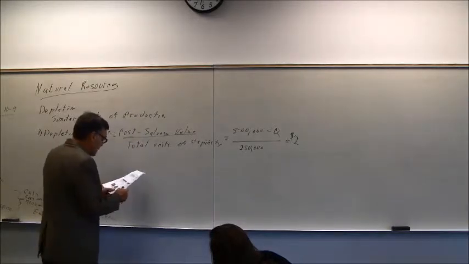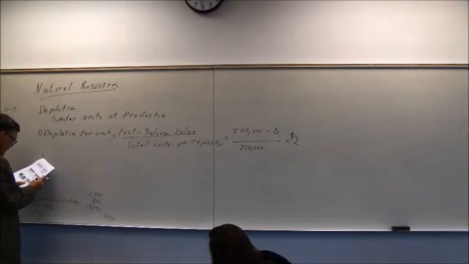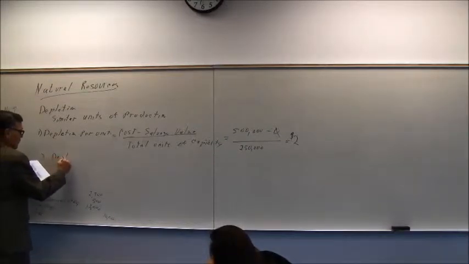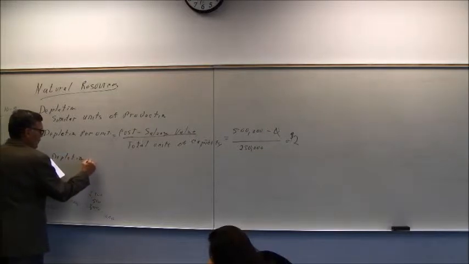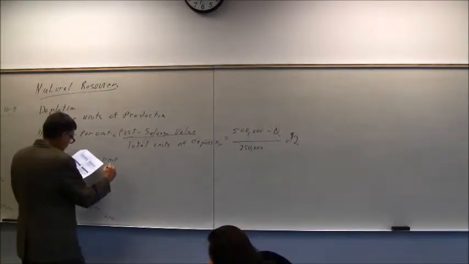Then step two. In this particular year, you extracted 85,000 tons. So it's depletion per unit times units extracted.